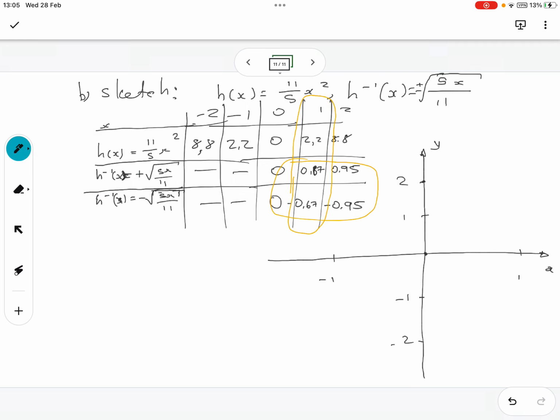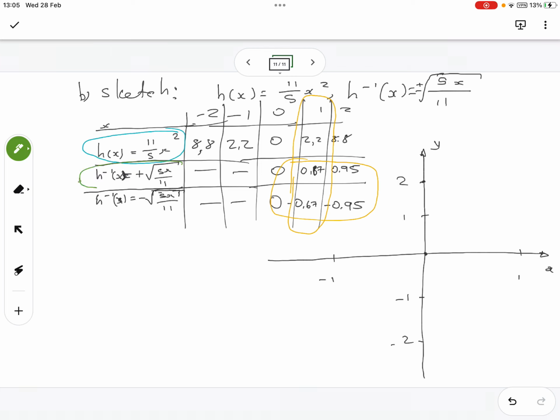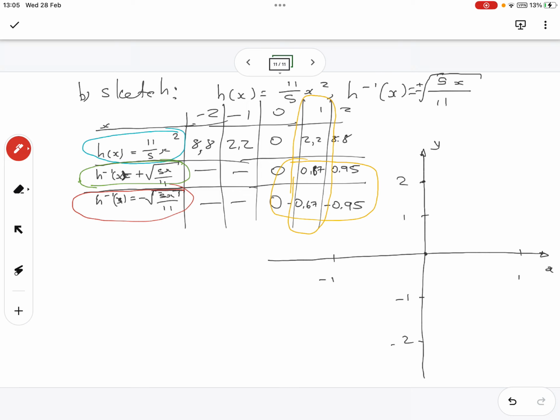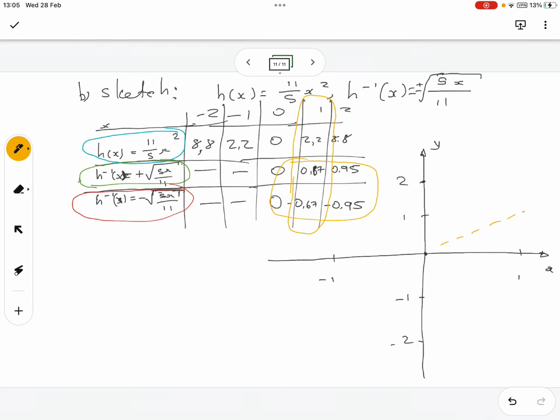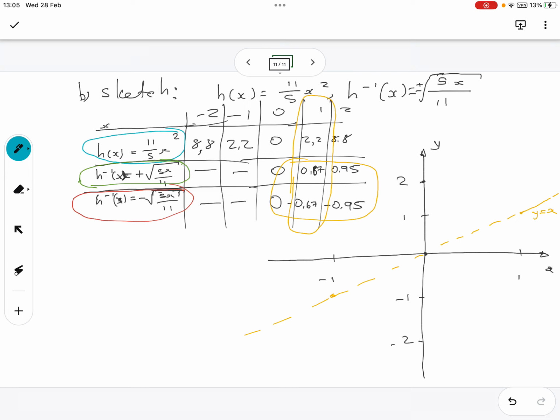So blue for the original h of x, green for the positive, and red for the negative. And then y equals x would be yellow. Okay, so for blue, at point 1 it maps to 2.2, so a little bit above 2 there.